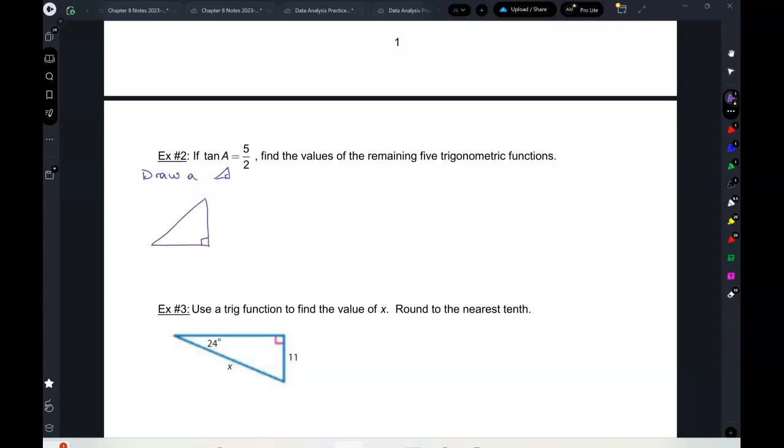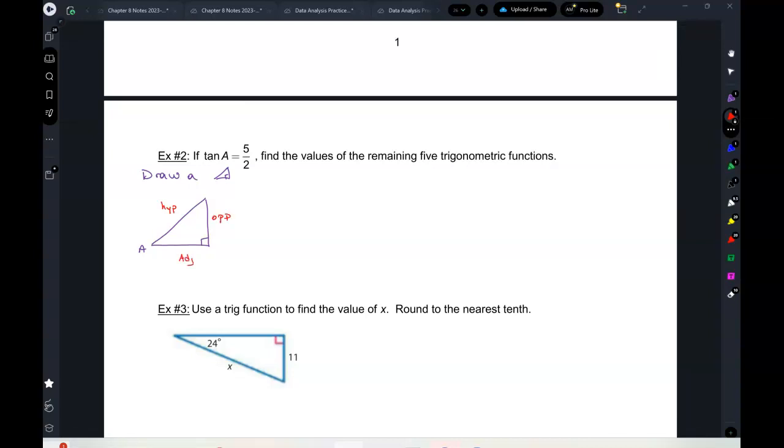The first thing you want to do is label an angle A. First make the symbol for the right triangle, otherwise it's not a right triangle. Then one of the other 2 acute angles, pick any one and label it A. I'm going to pick this one. Once you've done that, now label hypotenuse, opposite, adjacent.